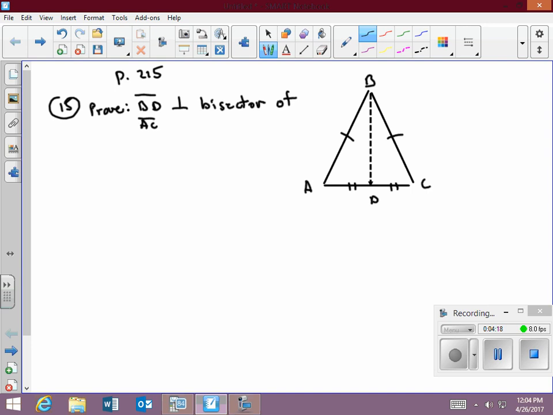Because it's a median, it's a bisector, but we have to show that it's perpendicular. Vincent asked for this problem.